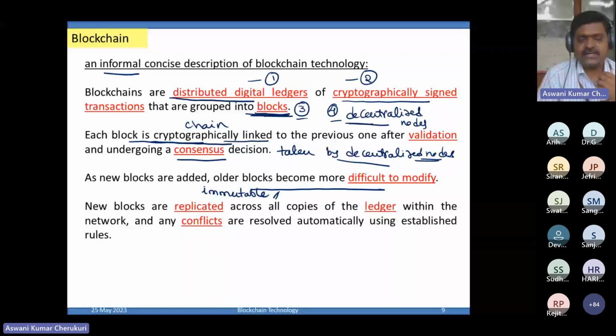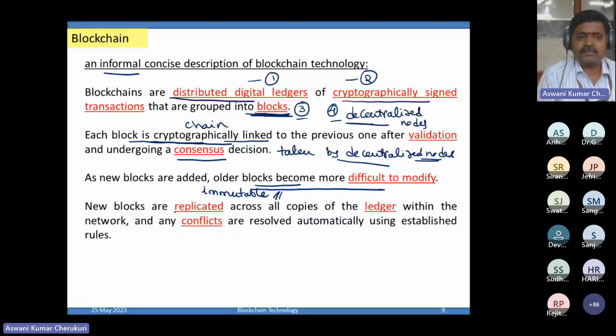Imagine somebody is sending an online transfer of money. How do I trust it? If I know my transaction is not tampered with, obviously I will trust it. So since blocks are difficult to modify and cannot be changed, they are immutable. So blockchain is immutable.